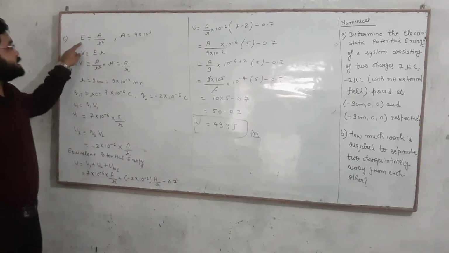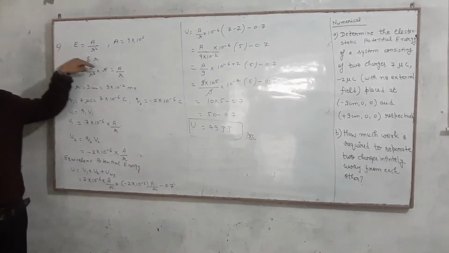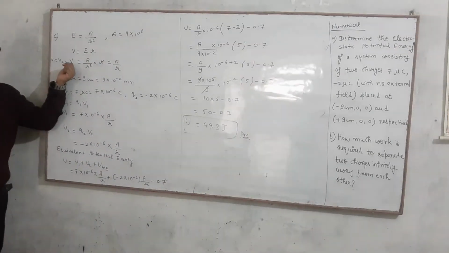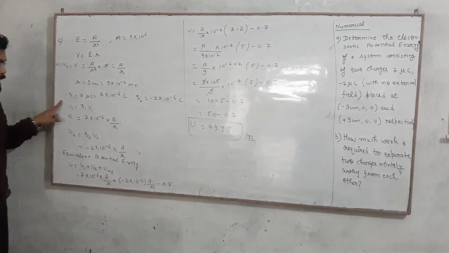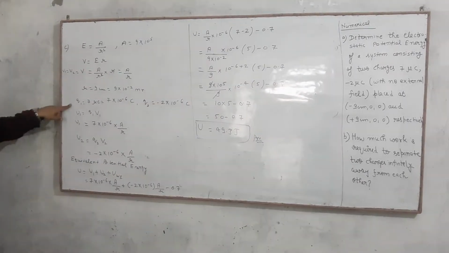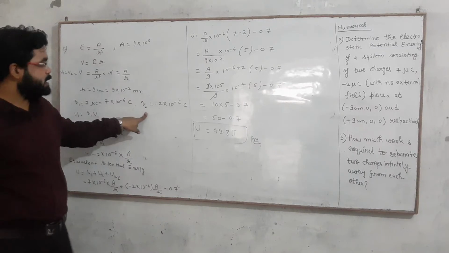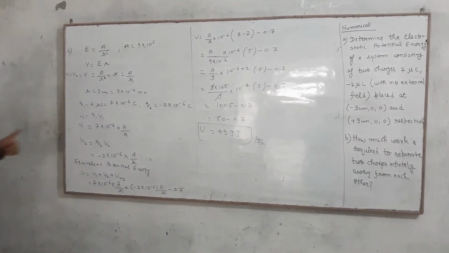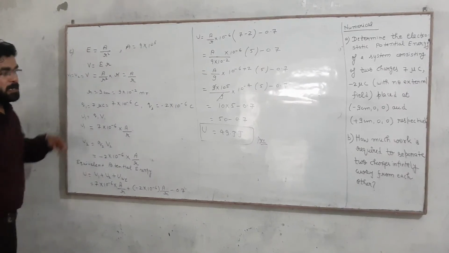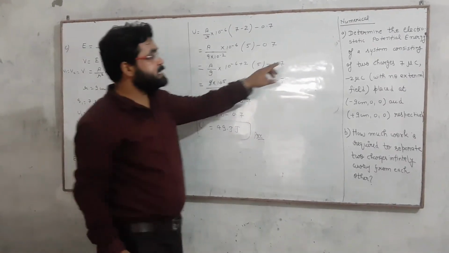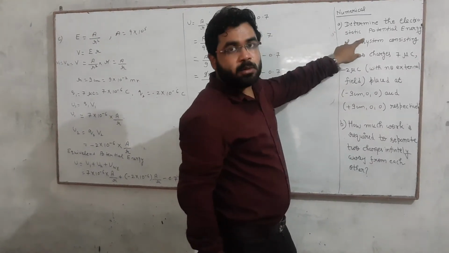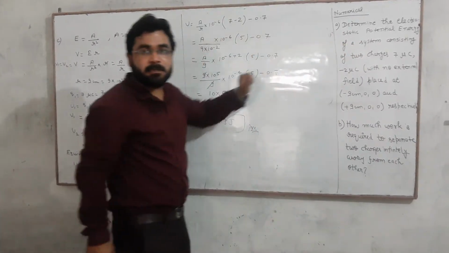So we have found the V. And we have found the potential energy of Q1 charge and the potential energy of Q2 charge. Add these, and the equivalent energy will be the addition of these two energies plus the energy of these two system of charges.